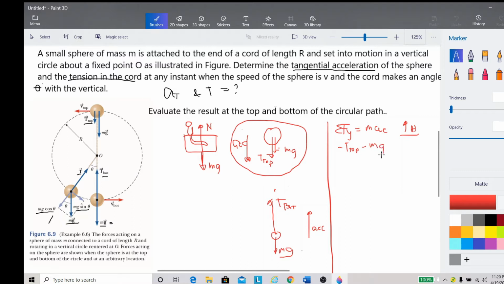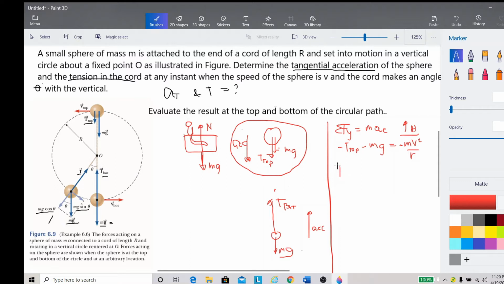Minus mg is equal to MAC or mv squared over R, because this AC here is centripetal acceleration, no? mv squared over R. But what is the direction? This is going downward. This will be negative. Therefore, everything is negative. We can make it all positive. Therefore, we have to multiply both sides of the equation by negative.